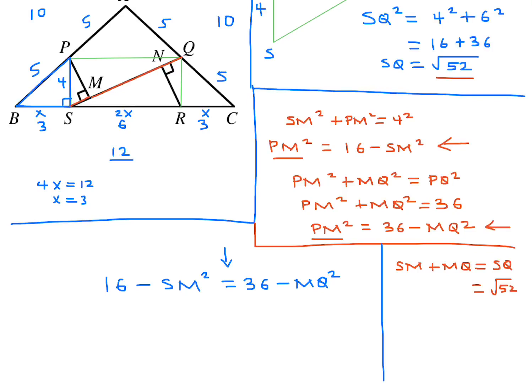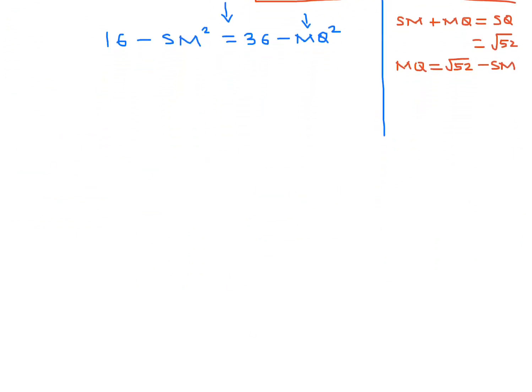So that means MQ is equal to root 52 minus SM, and we can use that to substitute into here. So we've got 16 minus SM squared equals 36 minus (root 52 minus SM), all squared.